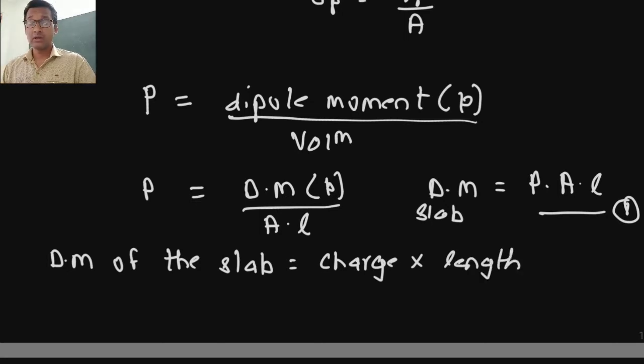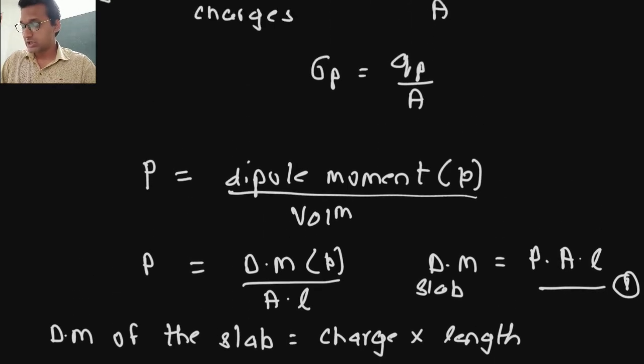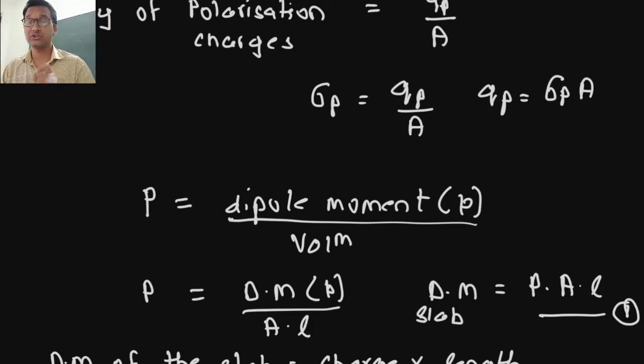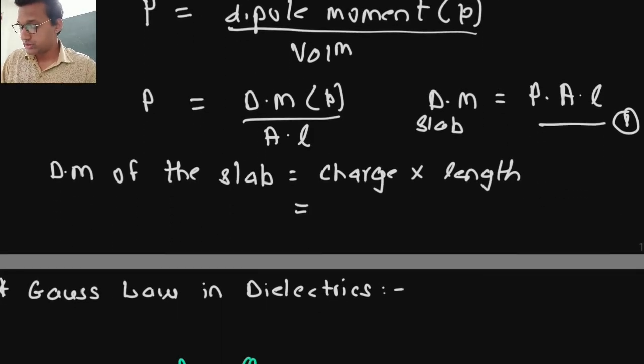That is the normal definition of a dipole moment, the product of charge and length. Now what is the charge here? The charge here is Qp, which is nothing but the surface density of polarization charges into area. So the charge will be sigma p into area, into length.